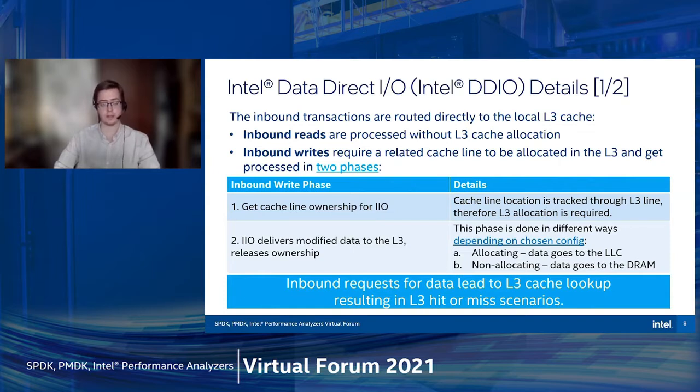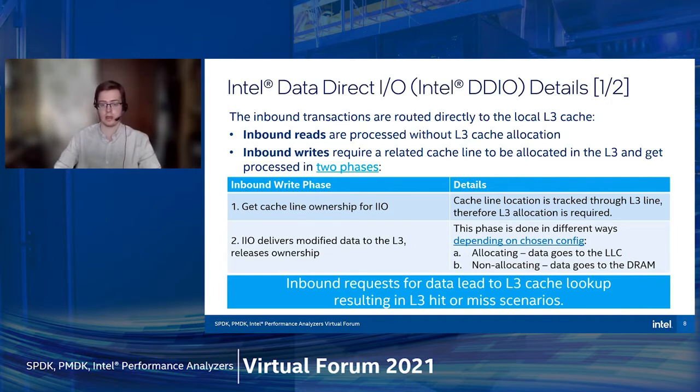At the first phase, IO controller just gets the ownership of the cache line, and then it is allowed to modify the data. And once the data is modified, IO controller sends the modified data back to the L3, and this phase is called write back phase.